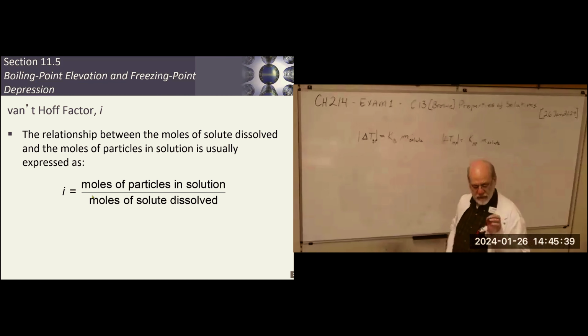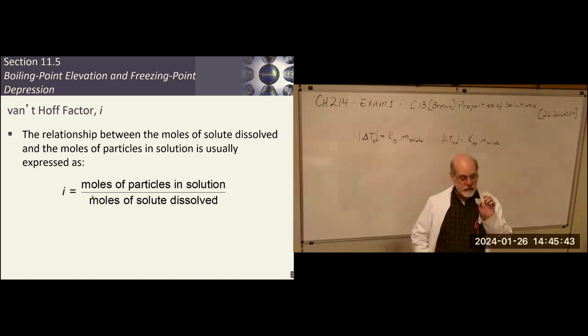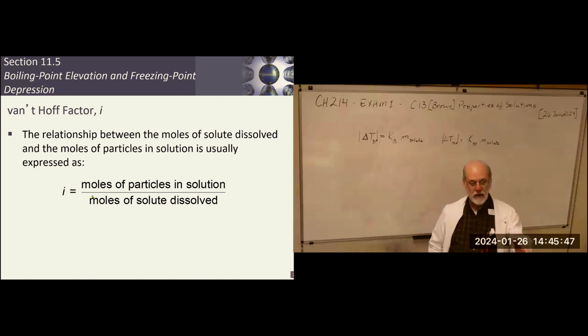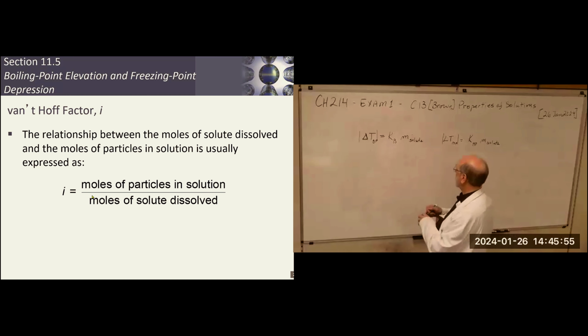If you dissolve a solute that you know will not dissociate in solution, in other words, when you put 1 mole of it in solution, 1 mole is there in solution, then your van 't Hoff factor is 1. So the van 't Hoff factor goes right here.